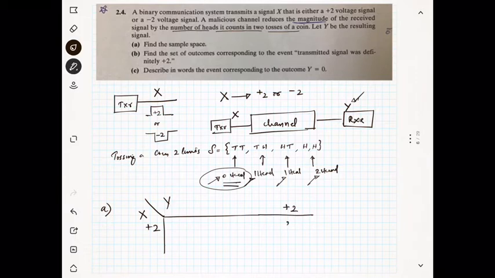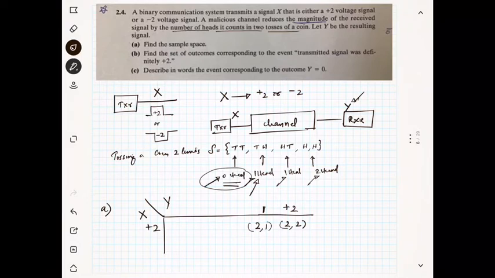So the transmitted signal is 2 and the received signal is 2. Sometimes you may get 1 head. That means you transmit 2 and the magnitude is reduced by 1, so you get 1.